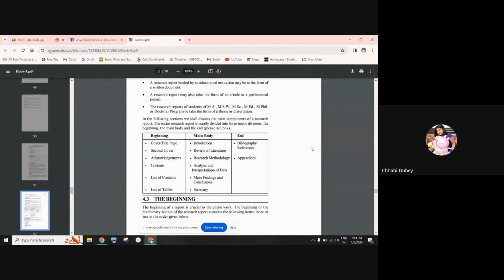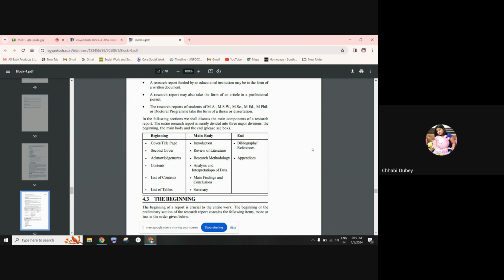Now, the entire research report is divided into three major divisions, that is the beginning part, the main body, and the end part. The beginning part of the research report consists of the cover or the title page, which will have the title of the research.